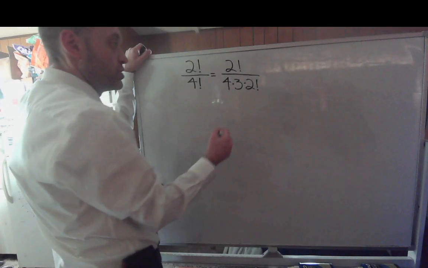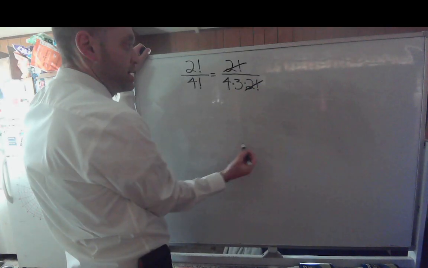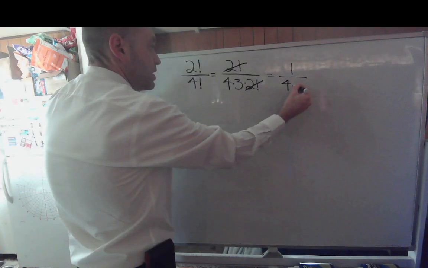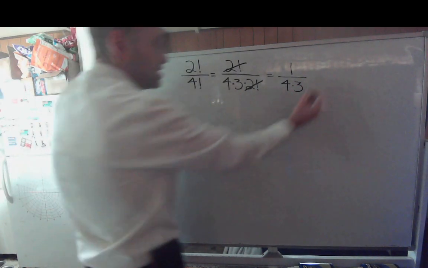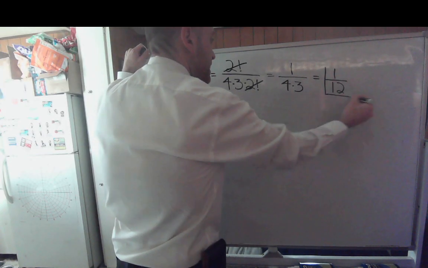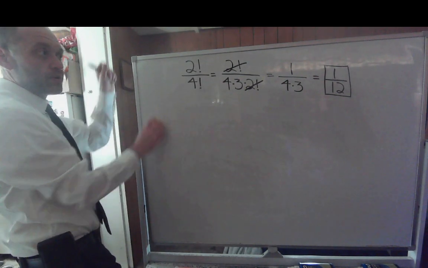Well, notice in the numerator, your 2 factorial cancels out with the 2 factorial in the denominator. You're left with 1 over 4 times 3, which would just give you 1/12. So the answer we should get here would end up being 1/12.